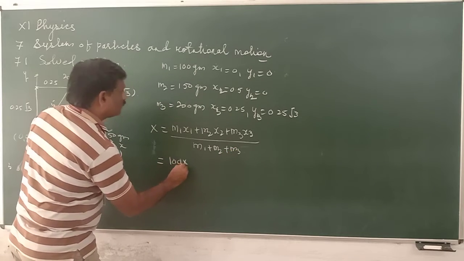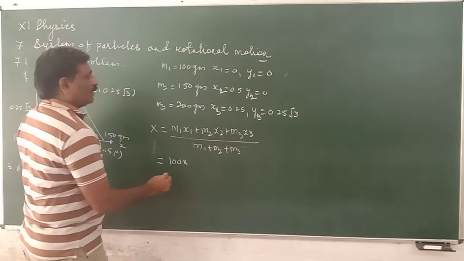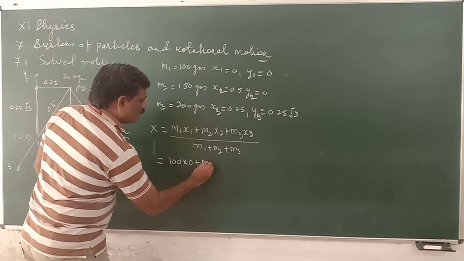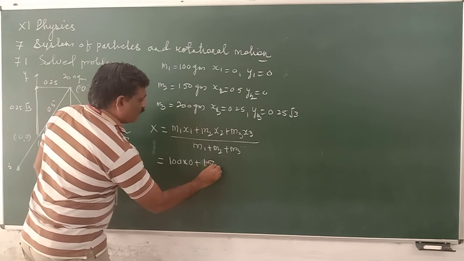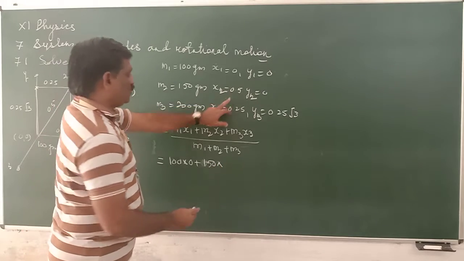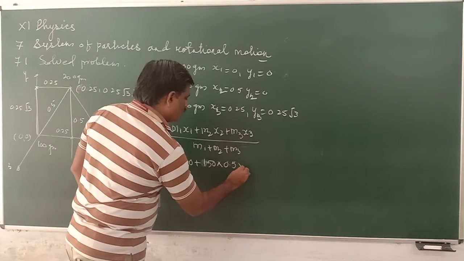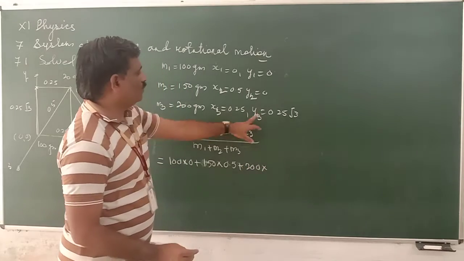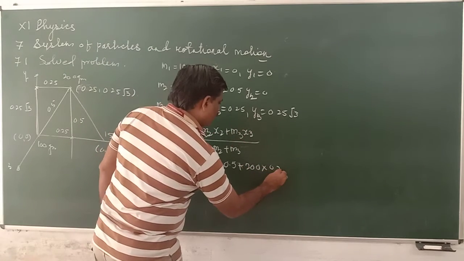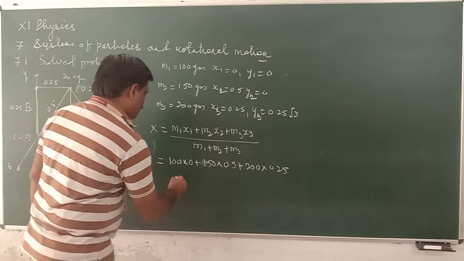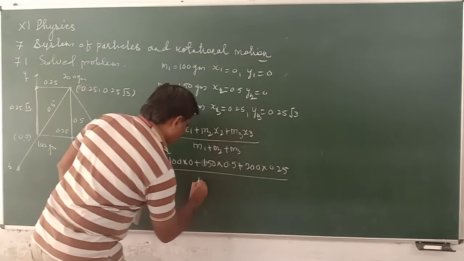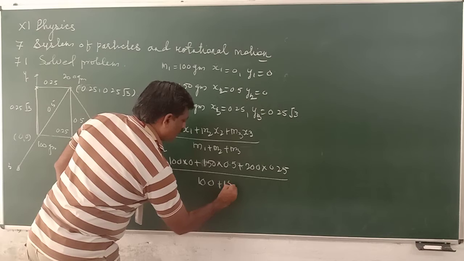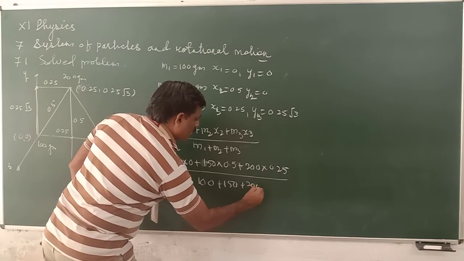M1 is 100, x1 is 0, plus M2 is 150 into x2 0.5, plus M3 is 200 into 0.25, divided by 100, 150, 200.